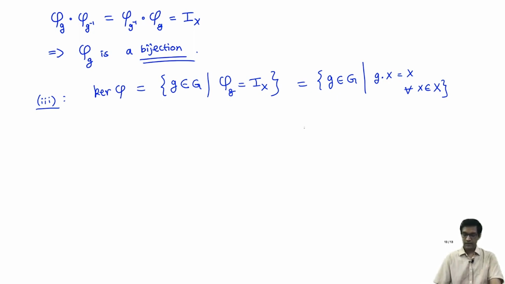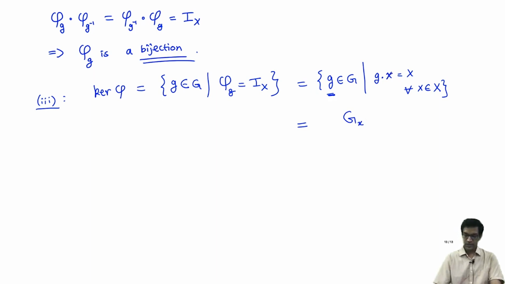Okay, but then observe, there's another way of thinking about this. I can say, let me fix an x in my set capital X, then a group element g which belongs to the kernel must satisfy the property that g stabilizes x, right? g x is x. So this means that this element g certainly belongs to the stabilizer G sub x.